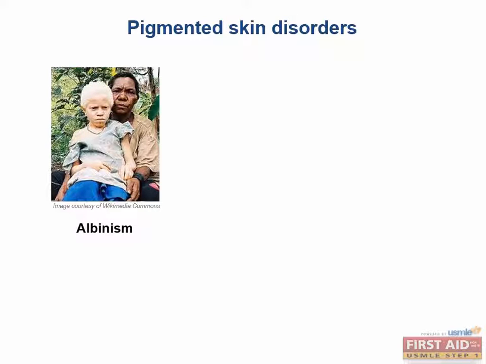The next set of diseases we'll touch on are the diseases of pigmentation. There are 3 of them that we'll discuss here, but there are in fact many more. Some of these diseases, like albinism, are general terms that describe a spectrum of diseases. One form of albinism is caused by decreased function of tyrosinase, a critical enzyme for the formation of melanin.